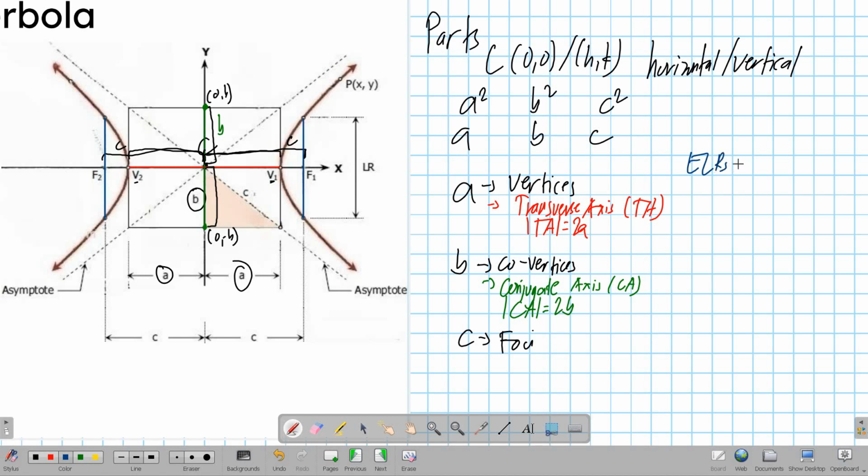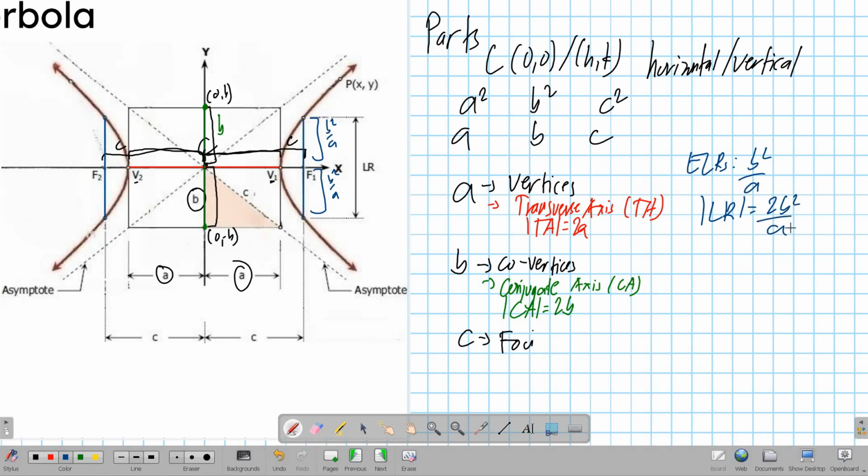It's still the same: we will have b squared over a. So this length is b squared over a, and so does this. So we have b squared over a in the coordinates of the foci, whichever it would be. At the same time, the length of each latus rectum is 2b squared over a.